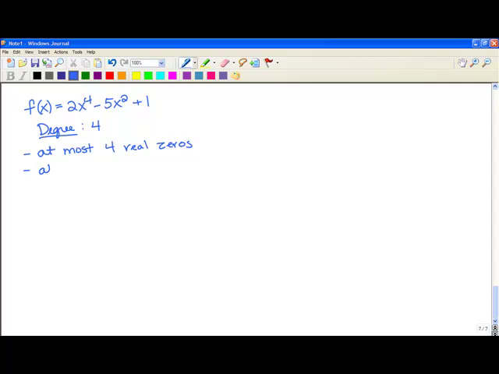It also means we have at most 4 x-intercepts. Also, the turning points will have one less, so we have at most 3 turning points.